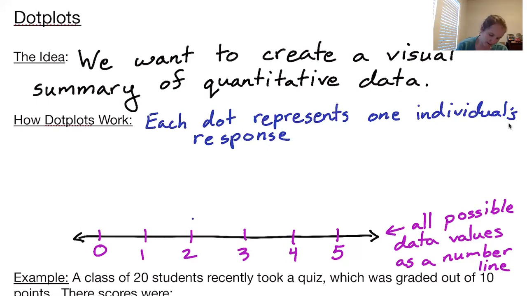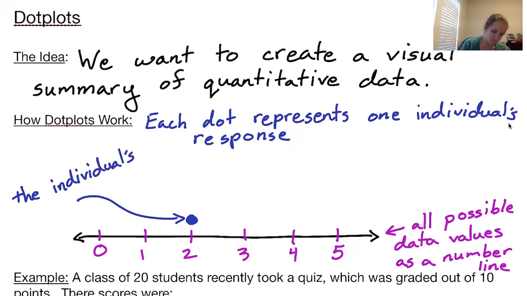So if we have a dot above the 2, then this is telling us that this person answered 2. Right? So that individual's response was 2.